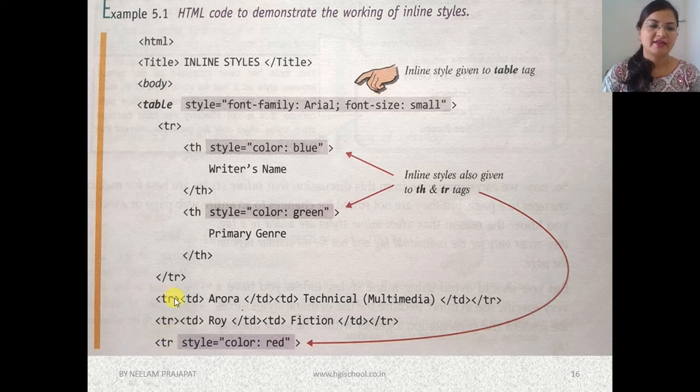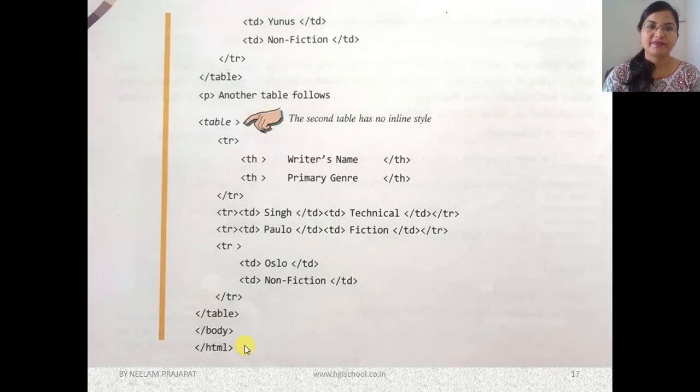In the second row you can see two TDs will be there, two cells, two boxes in which Aroda and technical is written. Then in the next row Roy and fiction is written, and in the last TR you can see, it will be in red color. Then after that it is written Yunus and non-fiction, so this will be in red color.